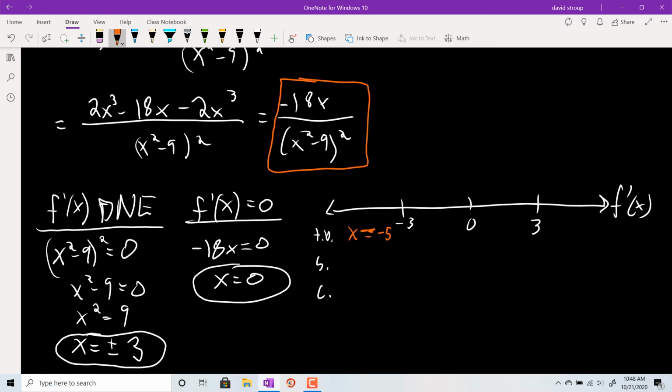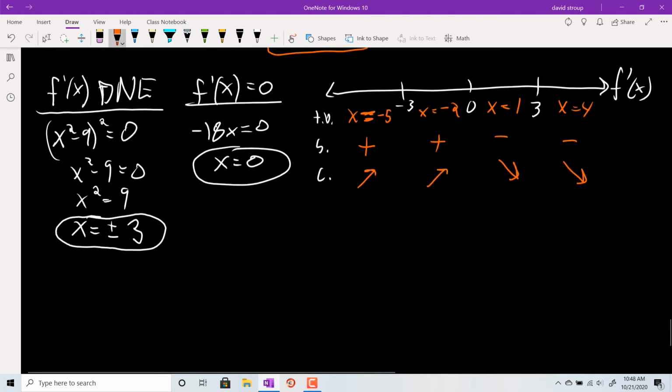It'll be a negative times a negative in the numerator, which is positive, and that's your sign. So it's going up. -2, again, it's positive, it's going up. x is 1, that'll be negative, going down. x is 4, positive times a negative. -18 times 4 is negative, so again, it's going down.